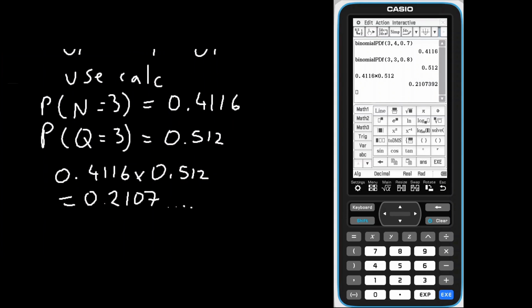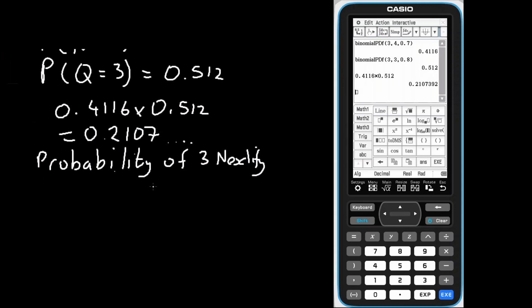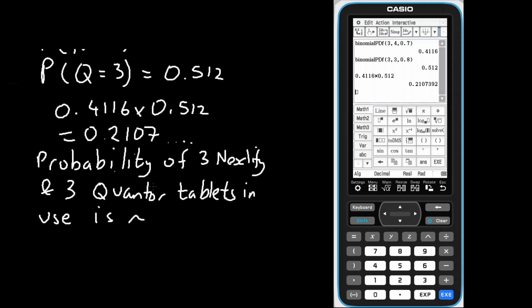And so we can say we have to use words, because we have a number there. And so what we can say is that the probability of 3 Nextliffy and 3 Quantor tablets in use is 21.1%.